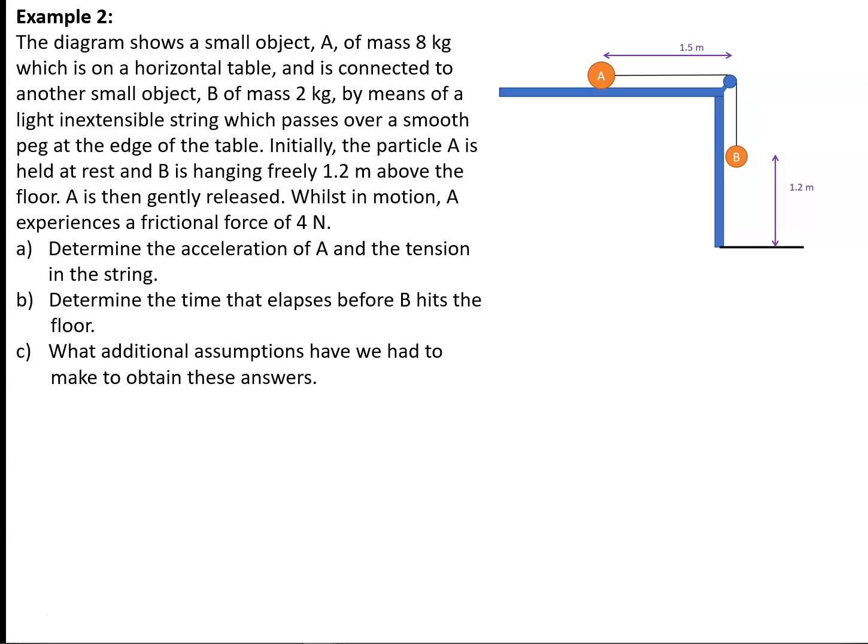A is then gently released, and whilst in motion A experiences a frictional force of 4 newtons. We've got to determine the acceleration of A and the tension in the string, the time that elapses before B hits the floor, and determine any additional assumptions that we had to make in obtaining the answers.